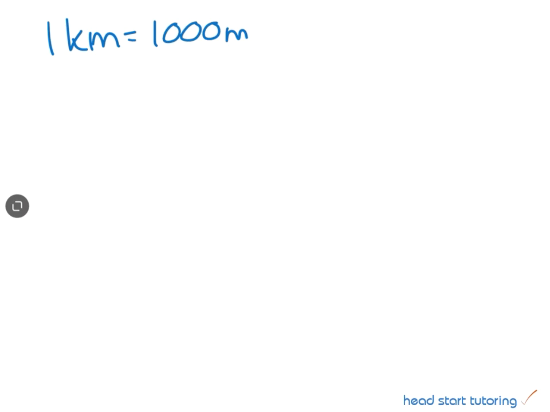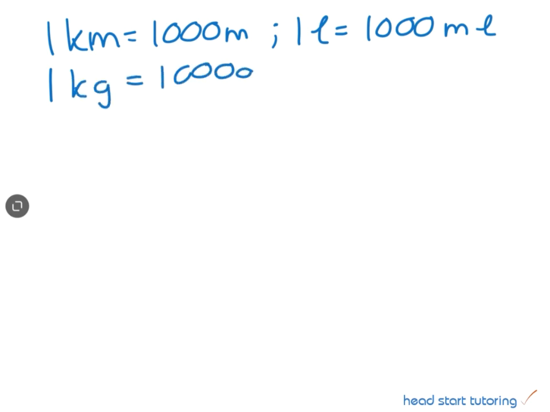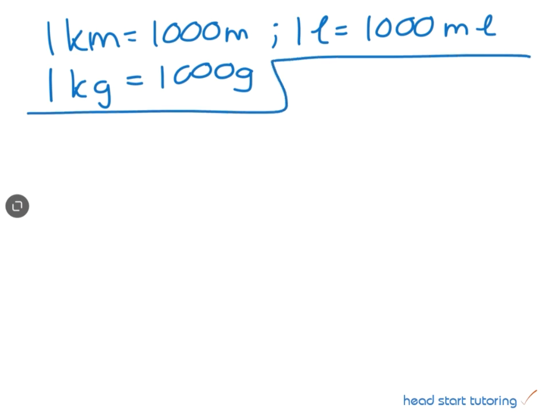One kilometer is equal to 1,000 meters. 1 liter is equal to 1,000 milliliters, and 1 kg is equal to 1,000 grams. So let's keep this in mind when we are working through some examples.